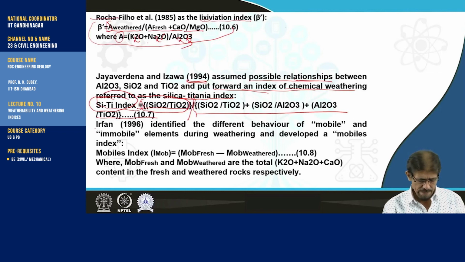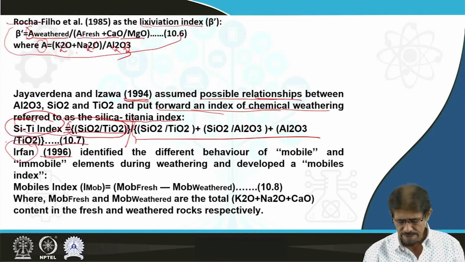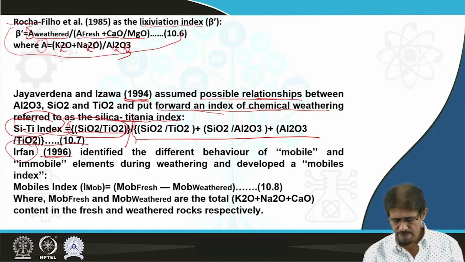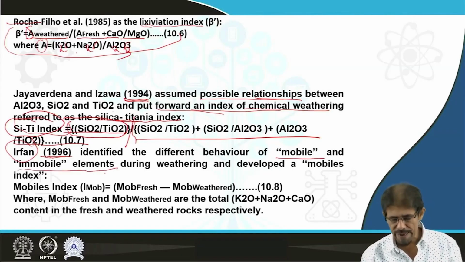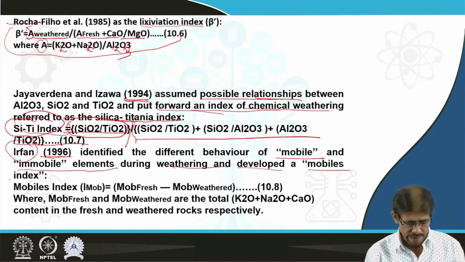Further, in 1996, Irfan defined this weathering concept based on mobile and immobile elements during weathering and developed a mobile index.